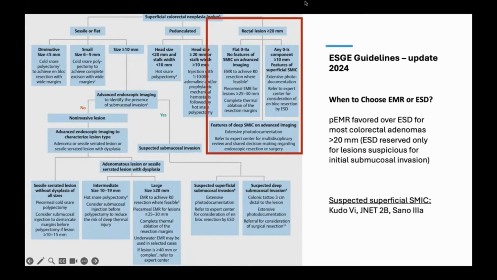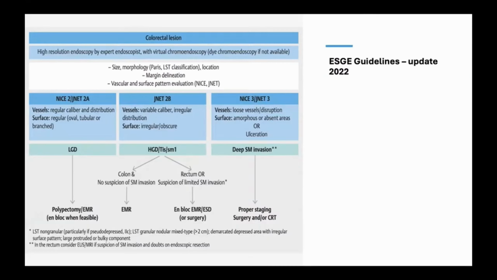In addition to that, colorectal lesions with NICE 2, JNET 2A, or low-grade dysplasia should be removed, per ESGE guidelines, with polypectomy or EMR. JNET 2B, if in the colon and there is no suspicion of invasion, with piecemeal EMR. If they're in the rectum or there is suspicion of invasion, they should be removed en bloc with EMR or ESD or surgery.